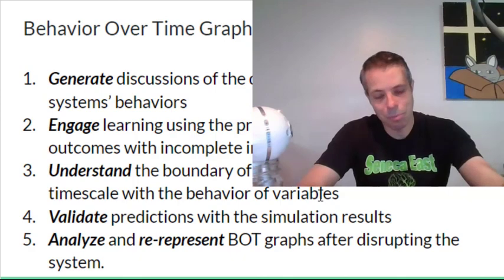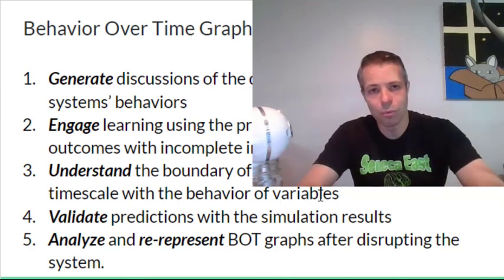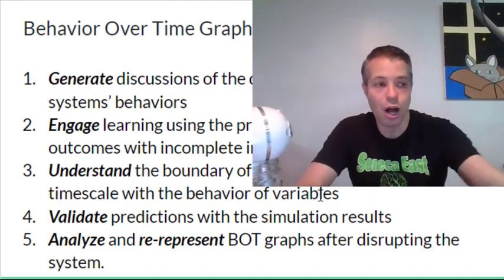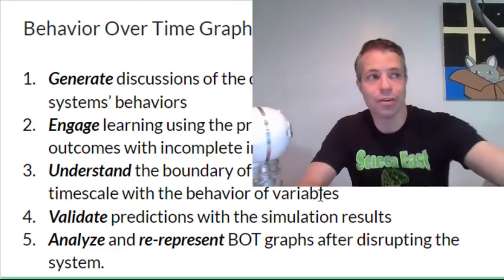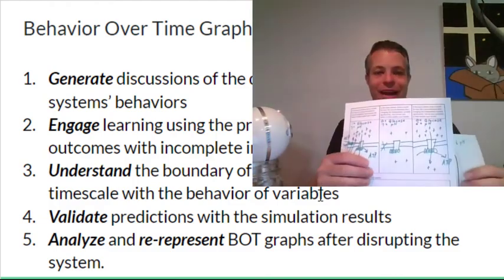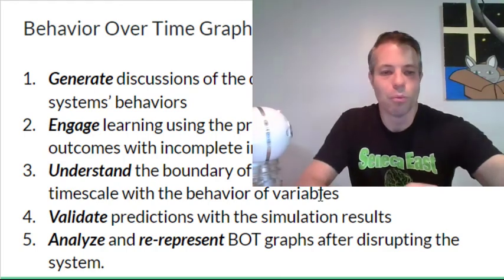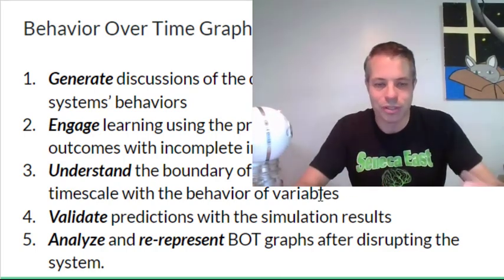So when you manipulate a variable in one way or another way, you can then graph that result, but you can also draw different behaviors like this. And so students can see what's happening in the actual system itself.